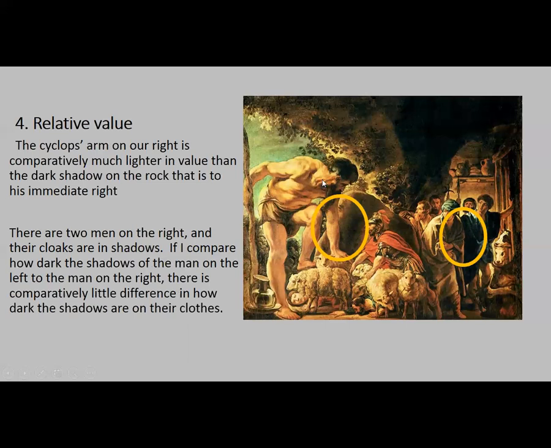They're actually trying to hide from the Cyclops. And both of them have dark shadows on their clothes. If we squint our eyes and look, those dark shadows are about equal in value. They're equally as dark. So if I compare the shadows on the two men, there's little difference in how dark the values are of the shadows on their clothes.